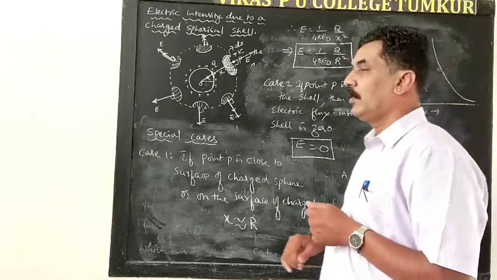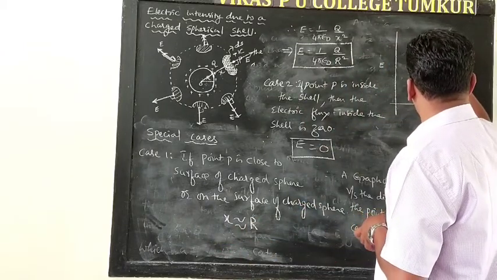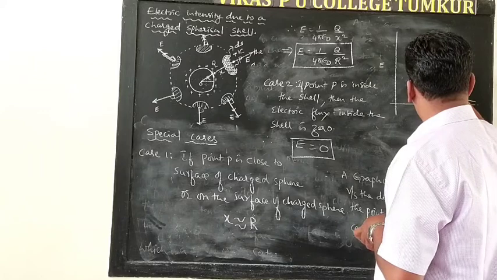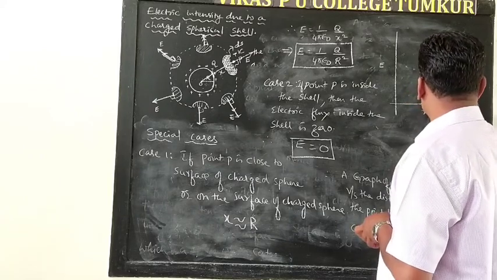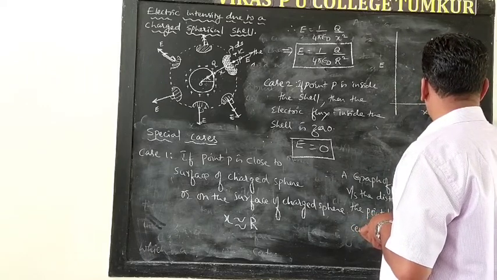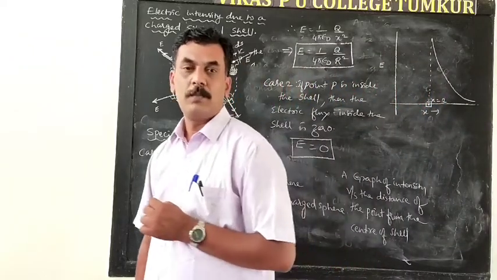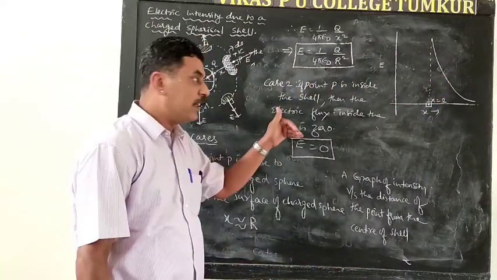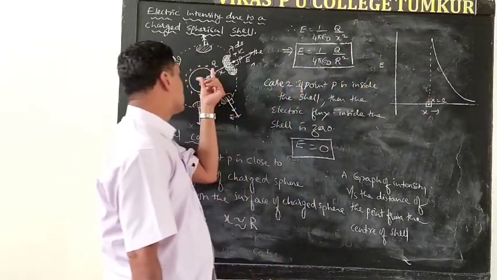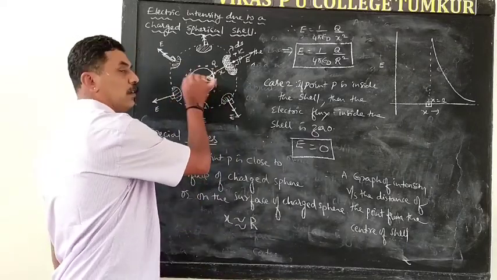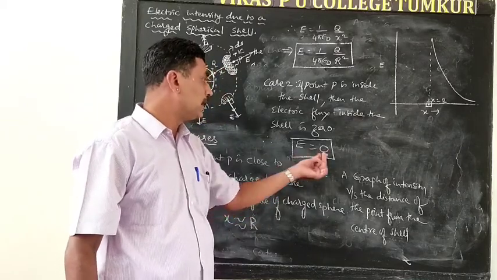Where is it maximum? At x equal to r, the intensity is maximum. Intensity is maximum at the point where x equal to r. For all other points, if x is less than r, the point comes inside. At any point inside the spherical shell, the intensity will be zero.